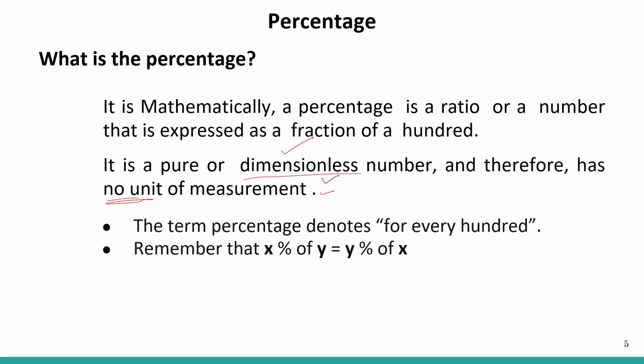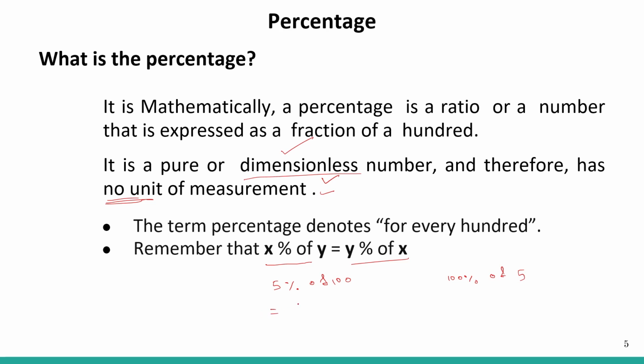Remember that x% of y is equal to y% of x. What does this mean? This is written in short here, but to observe it, let's take an example. Let's see, 5% of 100, and 100% of 5.